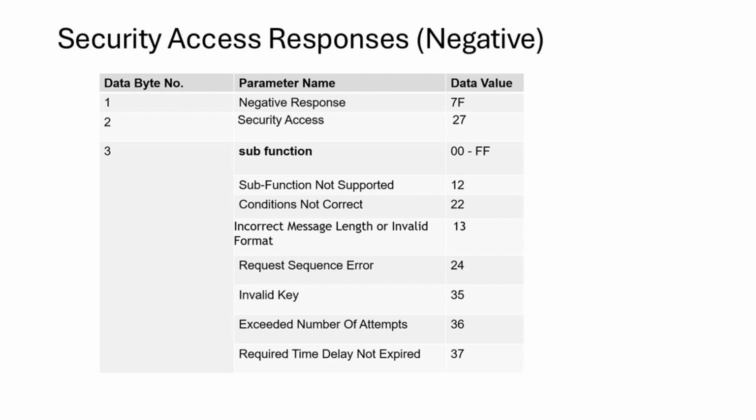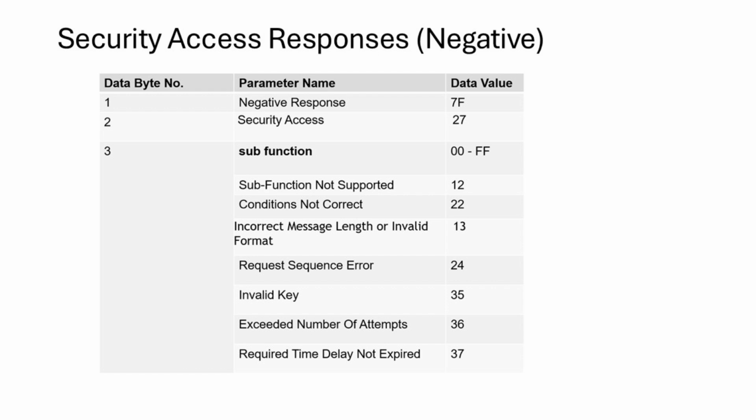And sequence error, I don't know how we get this one, but first you need to request the seed and then send the key, right? So if you are not sending in the proper way, you will get this sequence error.